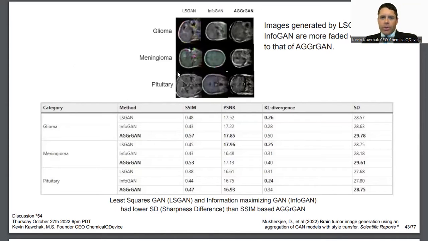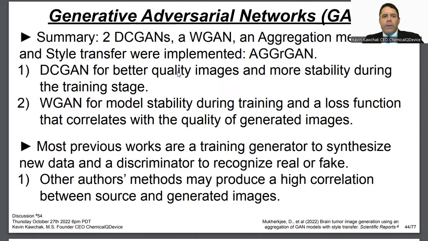You'll see sometimes they'll bold the SSIM, PSNR, and the SD, and it's basically saying, compared to least squares GAN or information maximizing GAN, it's tending to do better, this aggregated method.